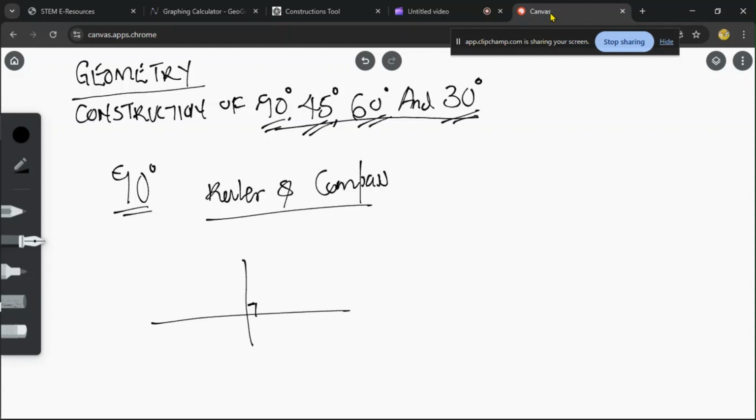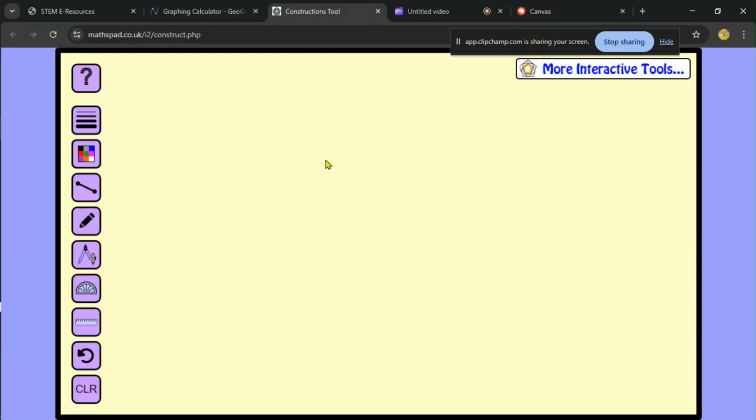How do you construct this angle? We're using a ruler and a pair of compasses only. So this is what I want us to learn. Without using a protractor, we construct an angle of 90 degrees.